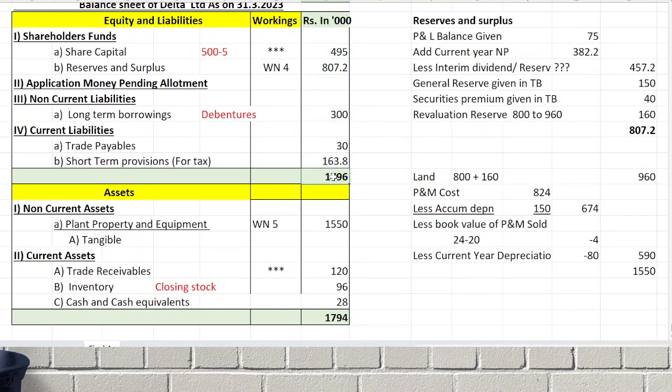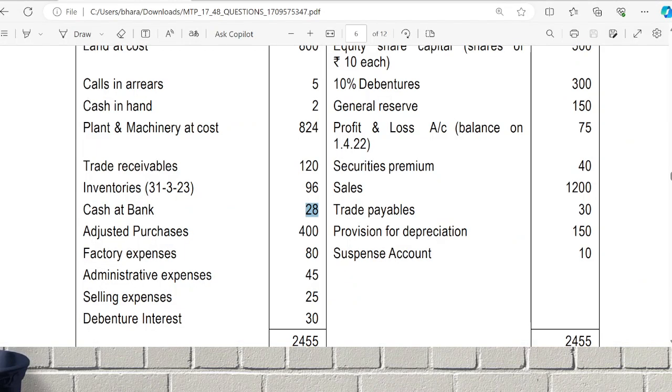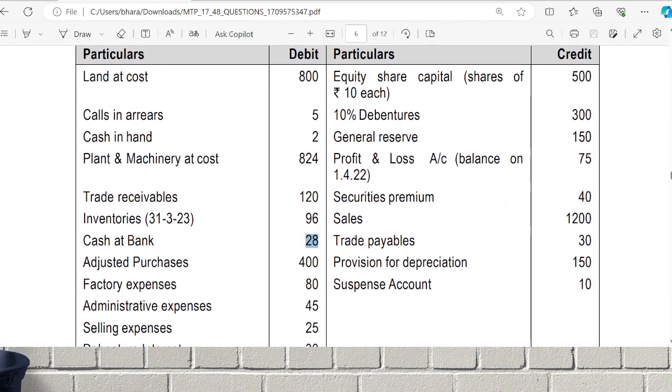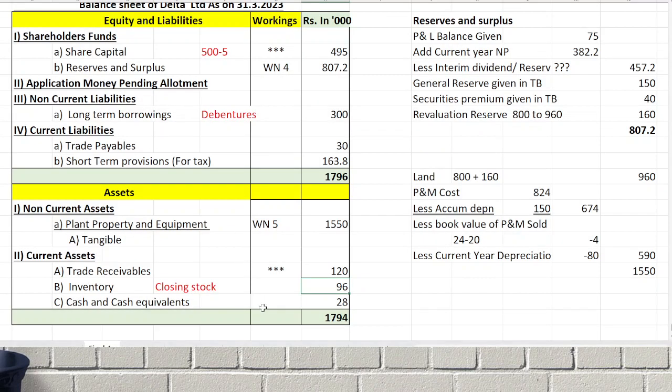And is there a 2 rupees difference, or any mistake I made? On the cash in hand. Cash in hand. So cash and cash equivalents will be 28 plus the cash balance 2.